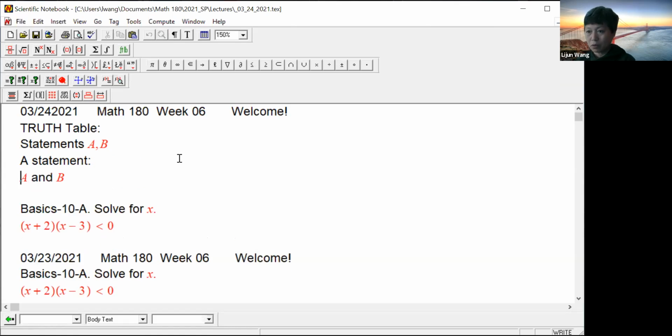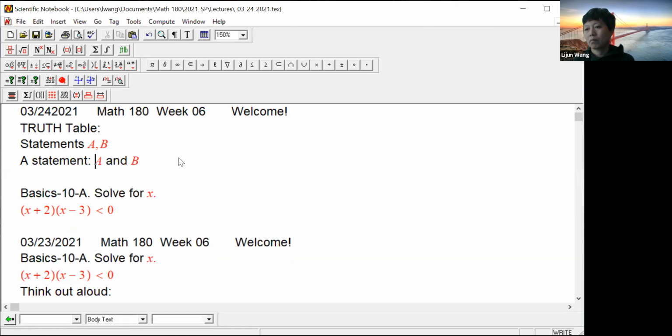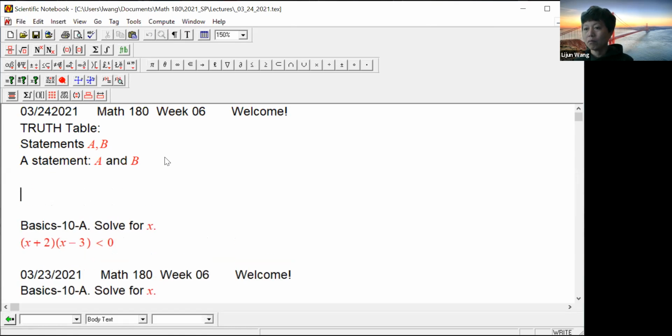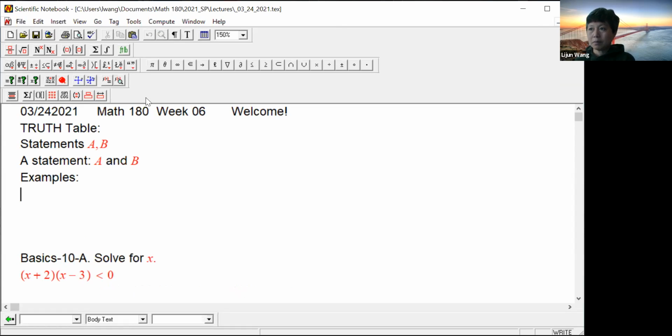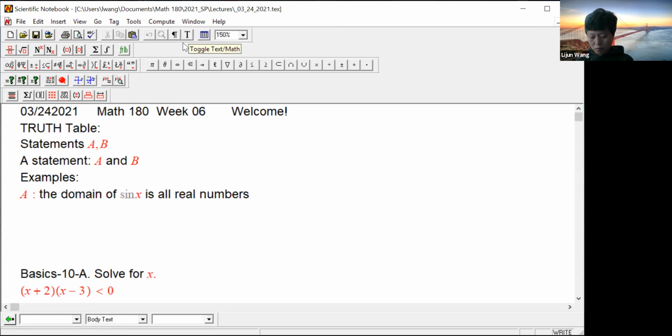I'm going to write it down for you. Just examples. Statement A, I say the domain of sine is all real numbers. That's one statement. You can judge it right or wrong, right?